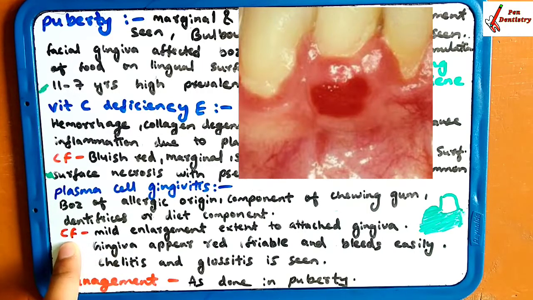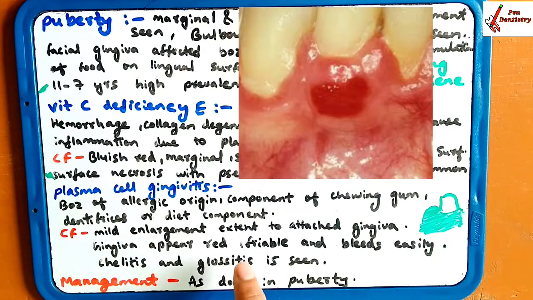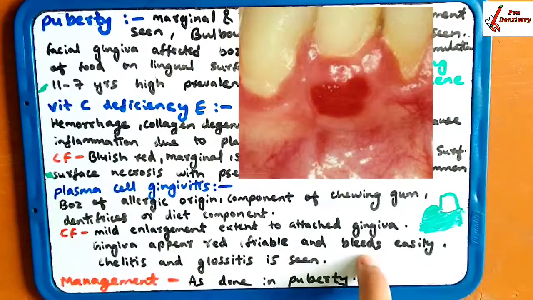Clinical features of plasma cell gingivitis are mild enlargement extending to the attached gingiva. The attached gingiva is mildly enlarged. Gingiva appears red, friable, and bleeding is very easy here.